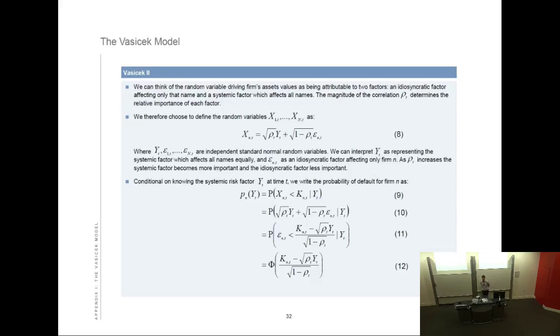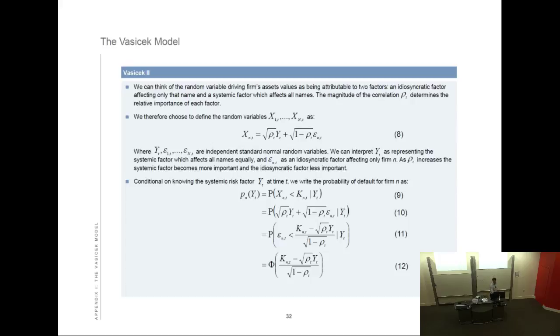And next, to help our intuition a bit, let's say your assets are a sum of idiosyncratic effects and macro effects. Okay, so if you take two standard normal variables and you take a linear combination with a square root of a correlation, you end up with a new random variable that again is standard normal.